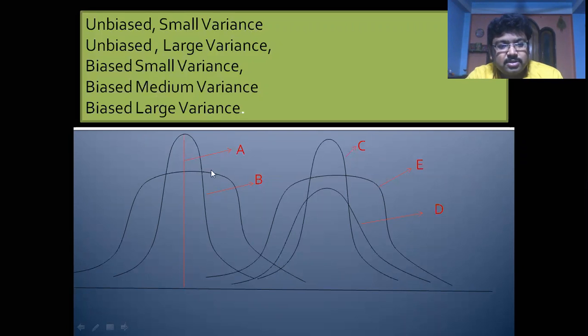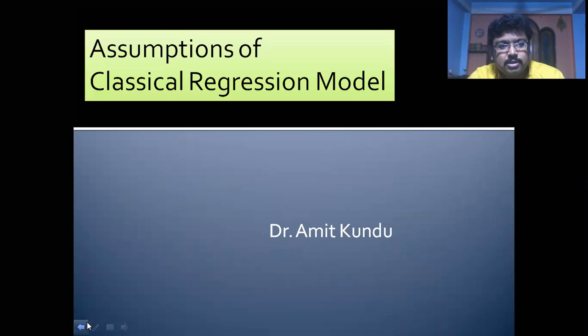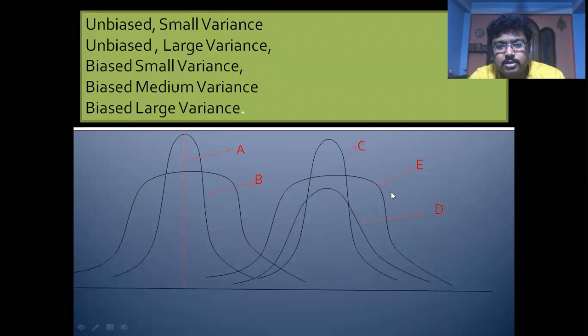So at first, this is the A distribution, this is the B distribution, this is the C distribution, this is the D distribution, and this is the E distribution. And the A distribution represents the unbiasedness because the parameter is equal to the estimate.